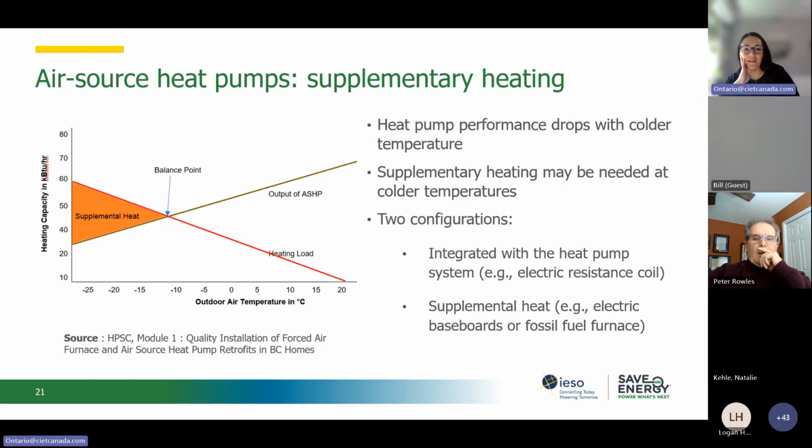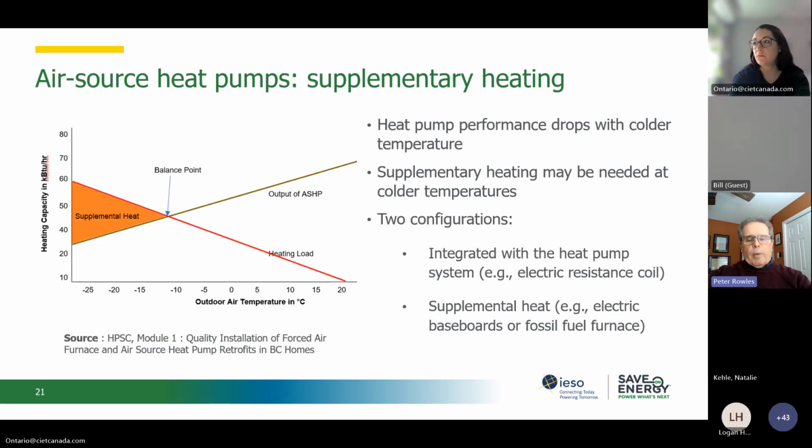Okay. Back to the balance point. A conventional heat pump may not be able to handle the entire heating load at design conditions and colder temperatures. Cold climate heat pumps can go to fairly low temperatures, but there still may be a point at which they're not able to supply the peak heating requirements.